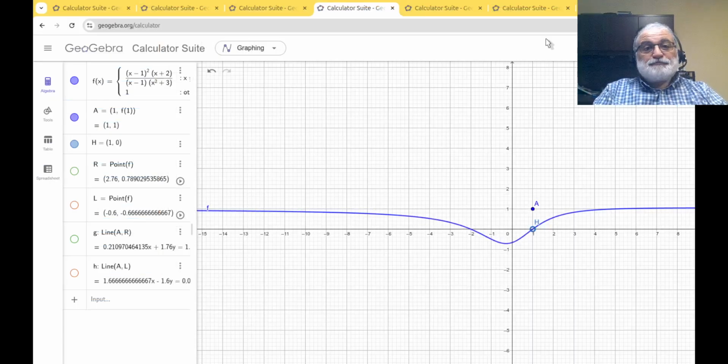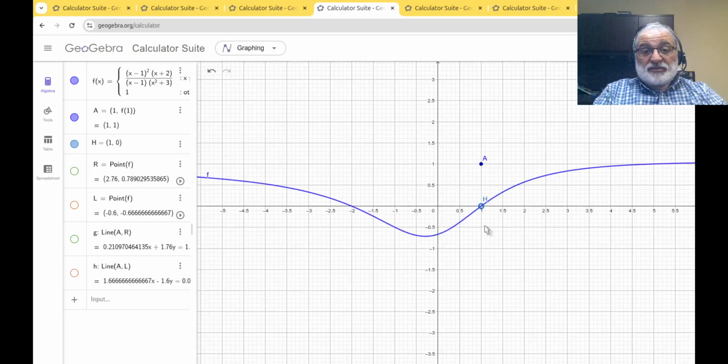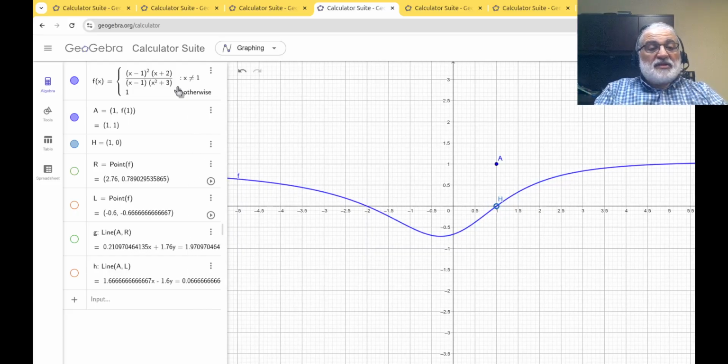This is one of the functions that we talked about earlier that had a hole there. But if you look here to the left, this function is defined piecewise. So where we have a hole, we also have a definition for the function. Where x is equal to 1, the function is defined to be of value 1.